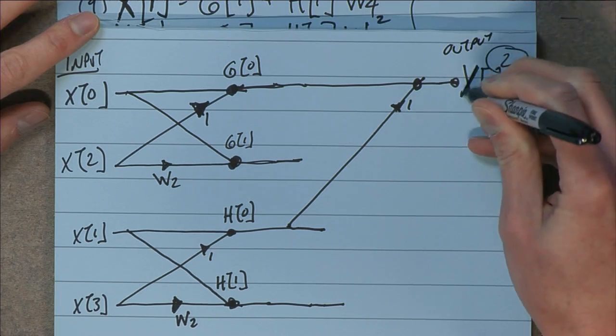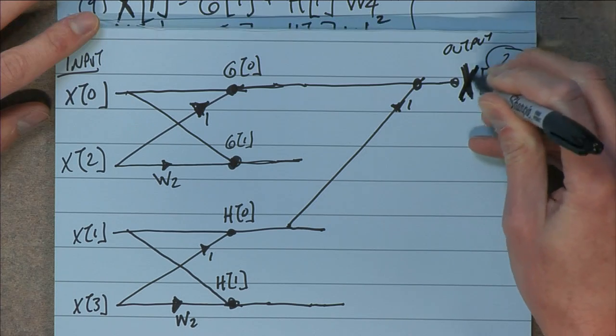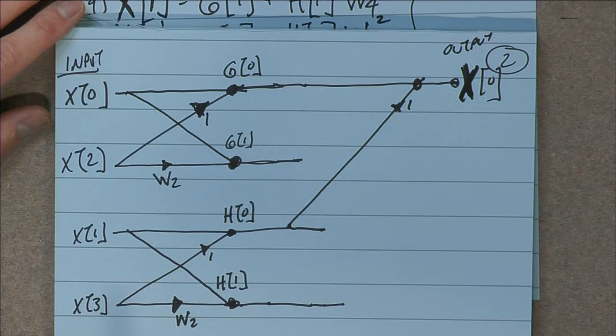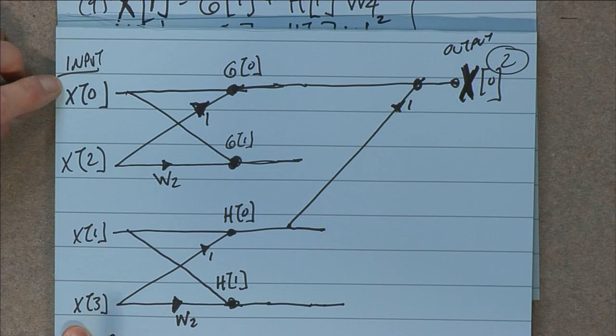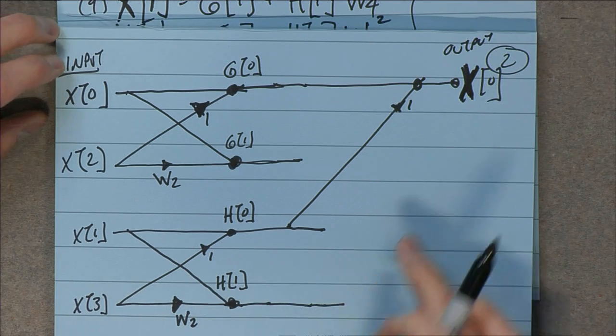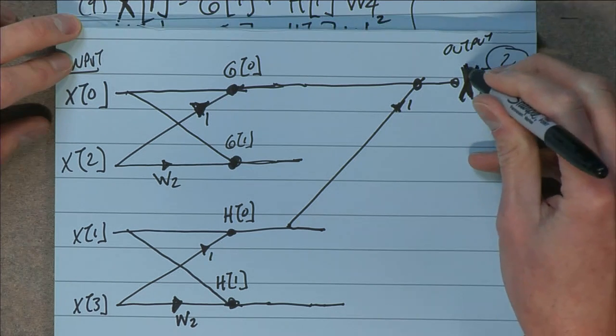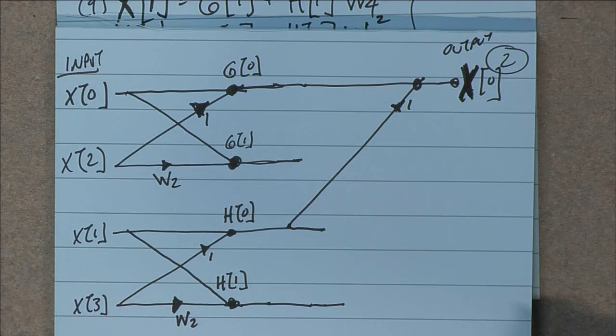I'm trying to make these outputs of the DFT big and bold. These are inputs. We'd like to think of them conventionally as time inputs on the left and frequency samples on the right. And it's easier in the book because they always use capital X for the outputs.